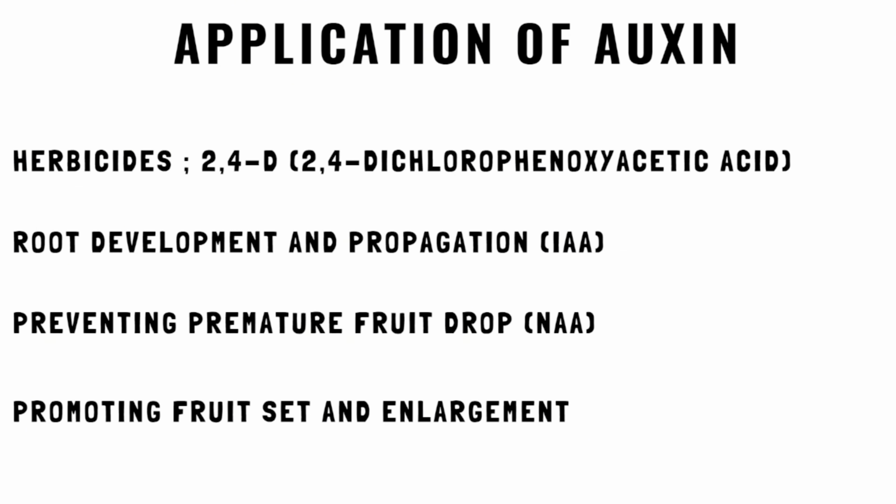And then these are the applications of the auxin. For me, I give you 4 applications. One of the applications is herbicide. They use 2,4-D, dichlorophenoxyacetic acid, that can kill weeds, highly effective against dicotyledon plants.